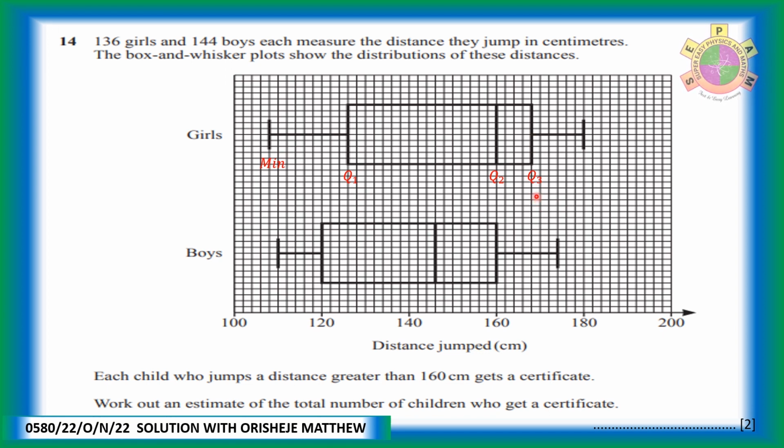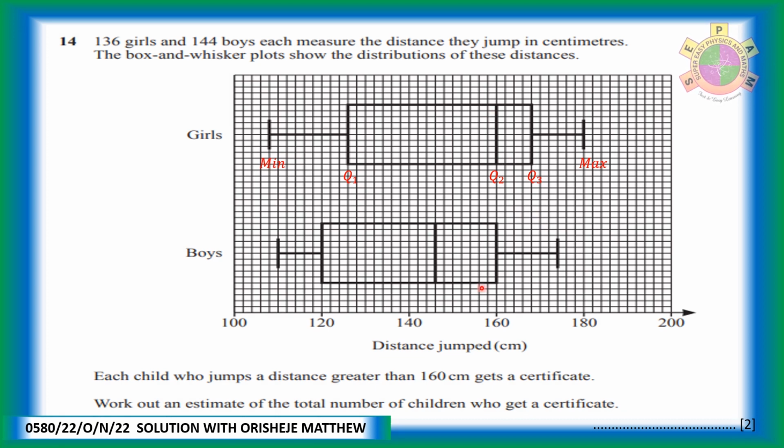This gives 75% of the jumpers who recorded this, and then this value gives the maximum jump. So from here to here you have 25%. If this is 75%, this is 100%, so 25% here.